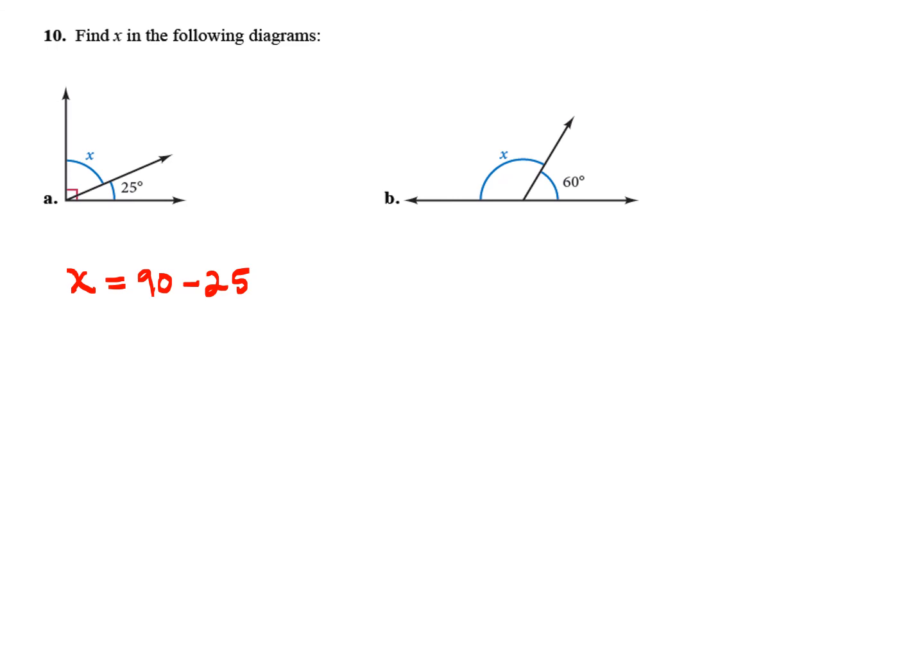Do we need to change it to addition, or can we do it just like that? Just like that. So 90 minus 25, anybody? 65, x equals 65, and at that point, since we're trying to find something, it's not just an algebra problem, we want to label it. So 65 degrees, you've got to put that little degree symbol in there.